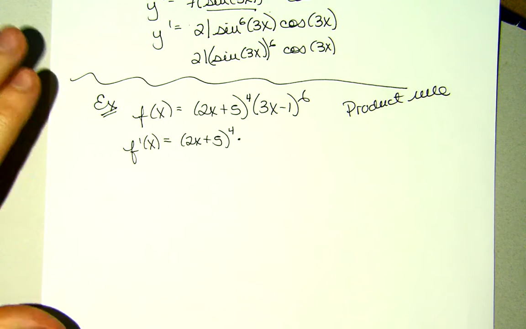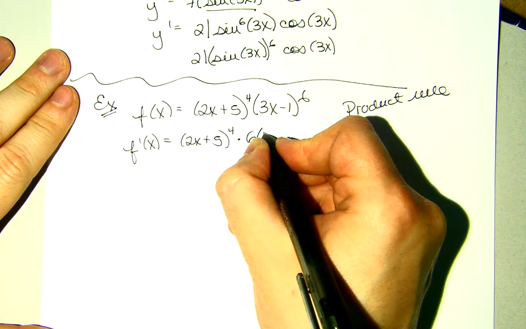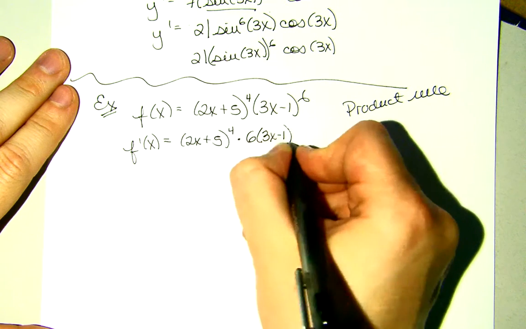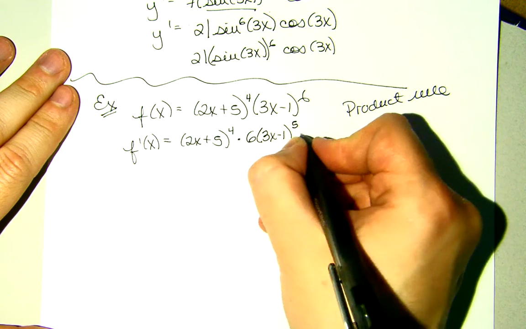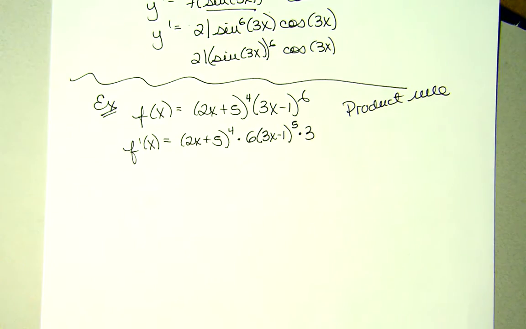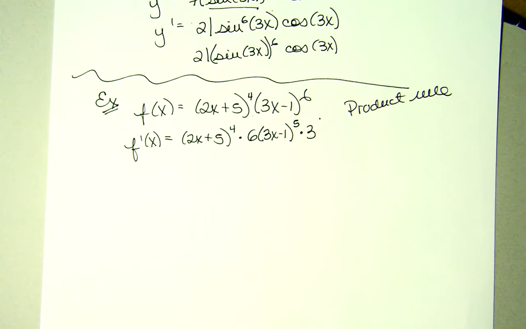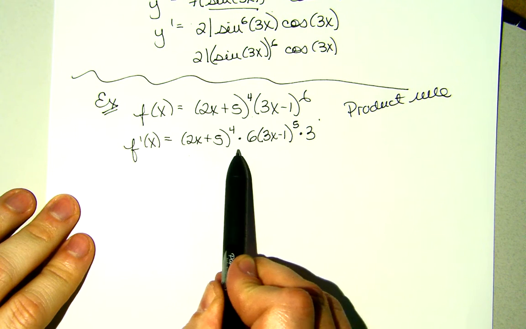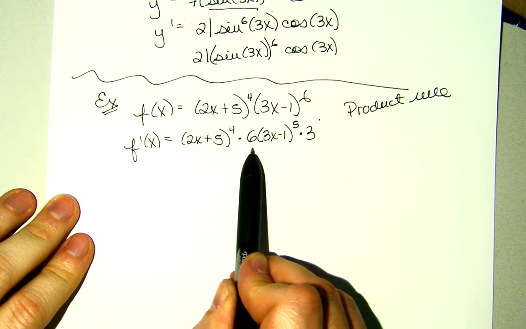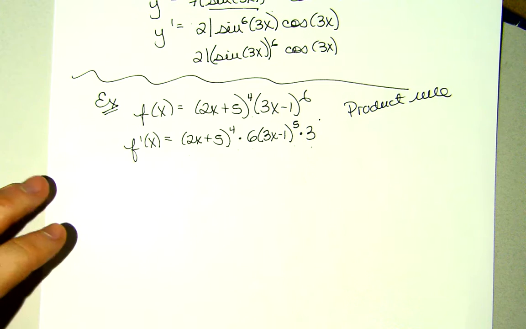Claire, tell me something. 6 times (3x minus 1)... times 2. Good, because we need to use the chain rule. On the second part, when we're doing the derivative of that, take care of the sixth power, make the new power 5, but then multiply by the derivative of the inside, so (2x plus 5) to the fourth, times 6 times (3x minus 1) to the fifth, times 3, the derivative of that inside part.